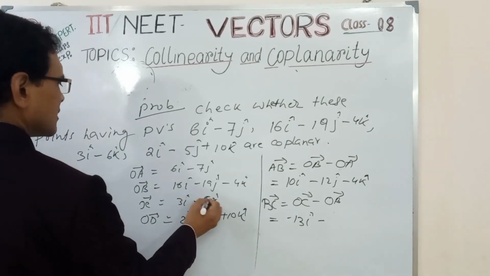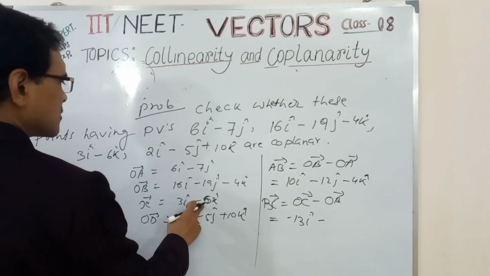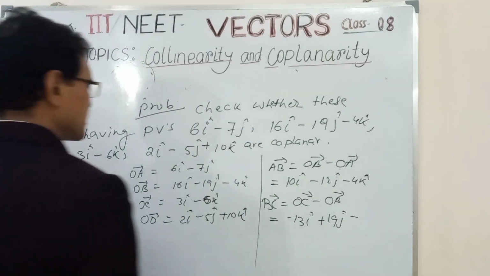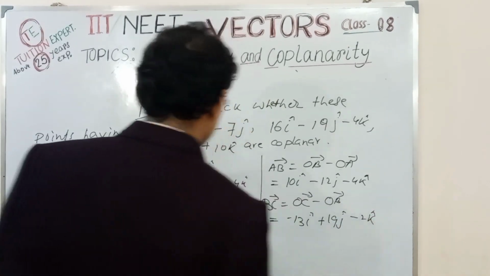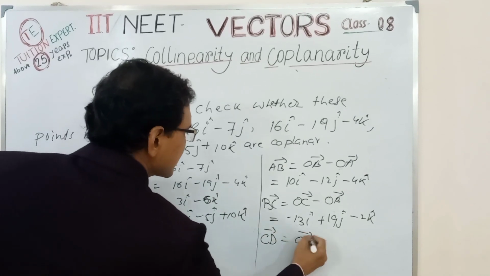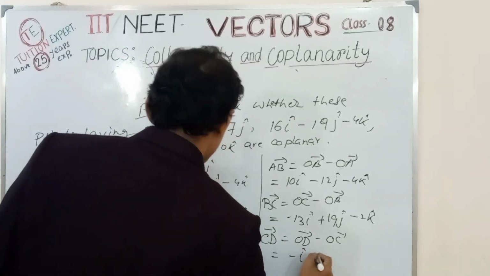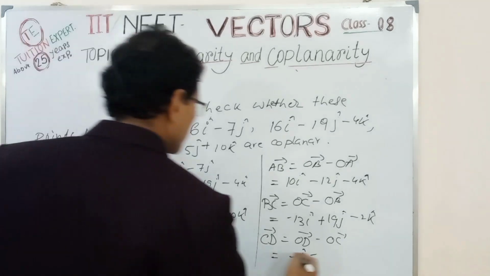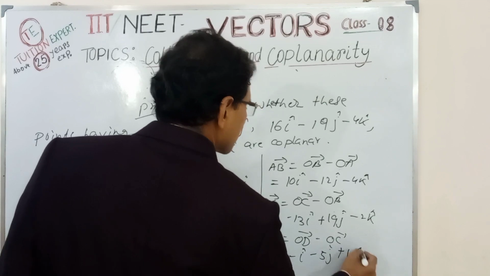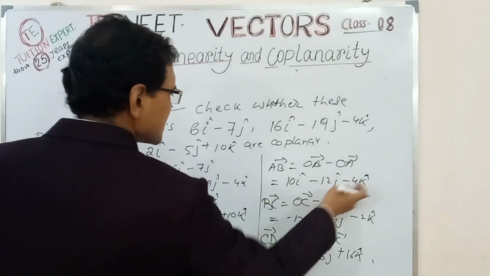Here j is not present, so this minus this, and CD is equal to OD minus OC, which is this minus this. Now we have constructed the three vectors.